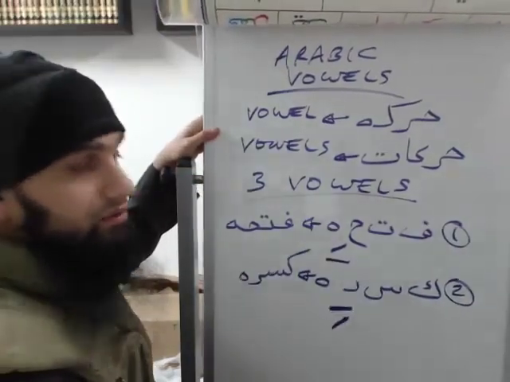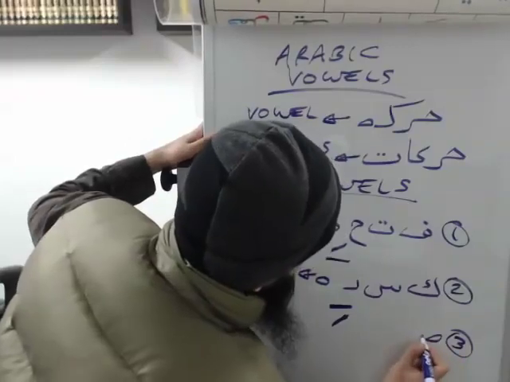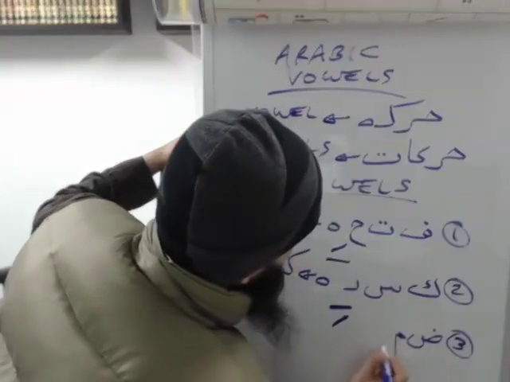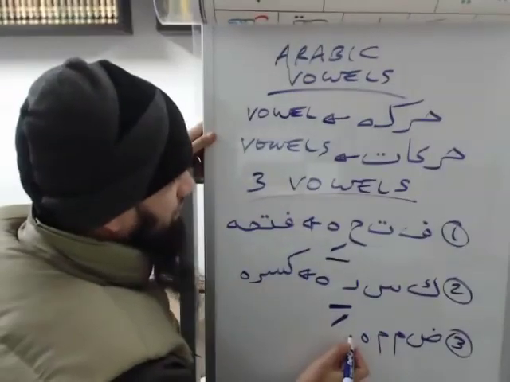And finally, we have a third vowel, which is dad, mim, mim, ha. Okay?